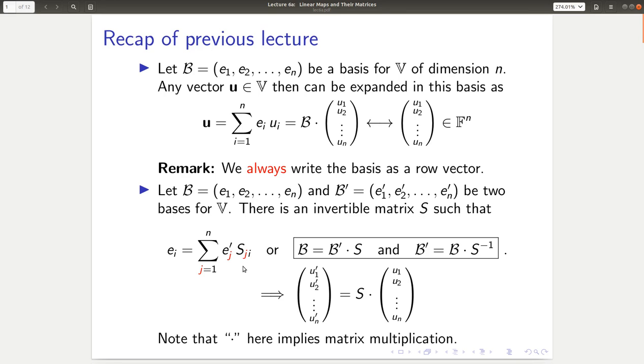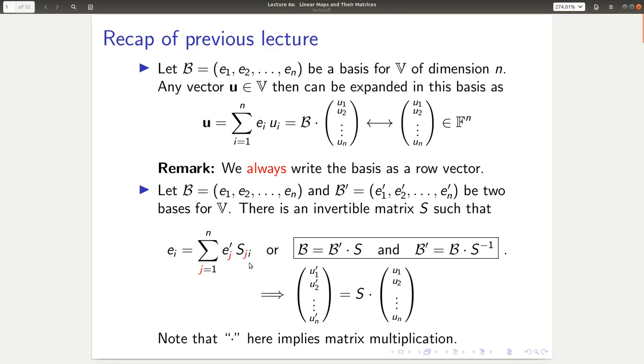When you have two matrices A and B that you're multiplying, the column index of the first matrix is summed over the row index of the second. So here this is just a row vector, so it has only column indices. So j is a column index, and this j of S is a row index.